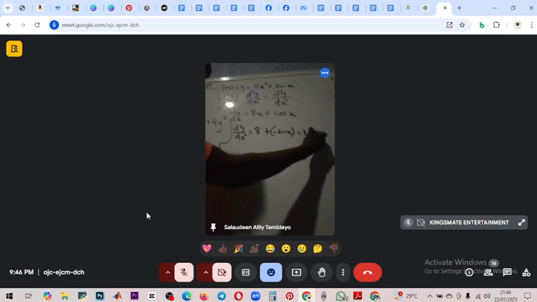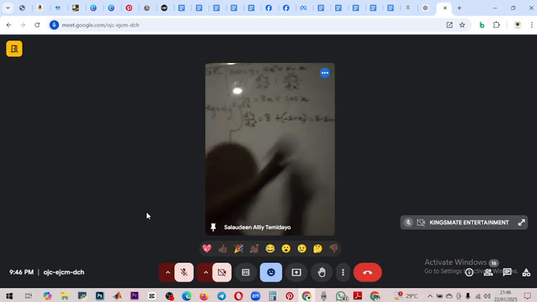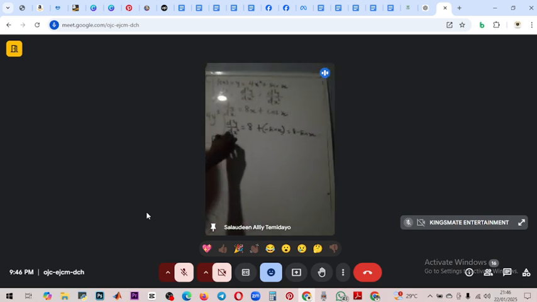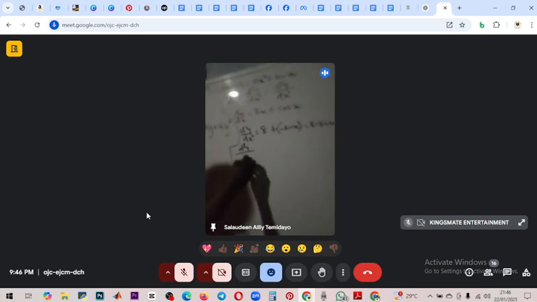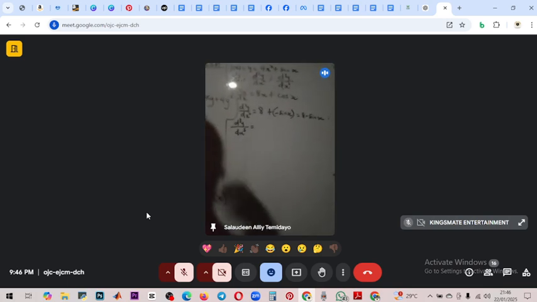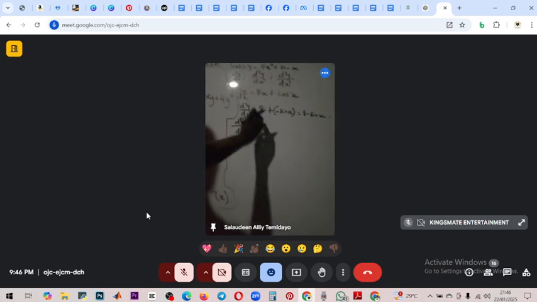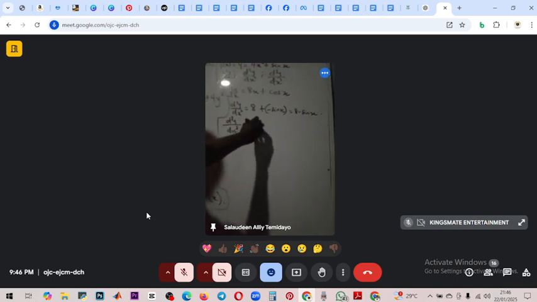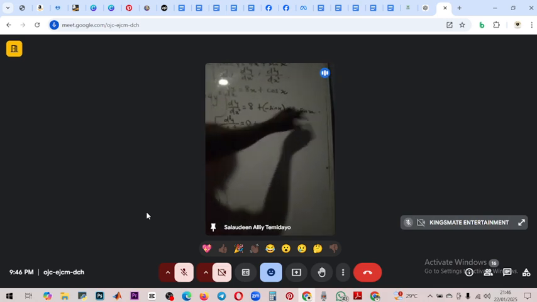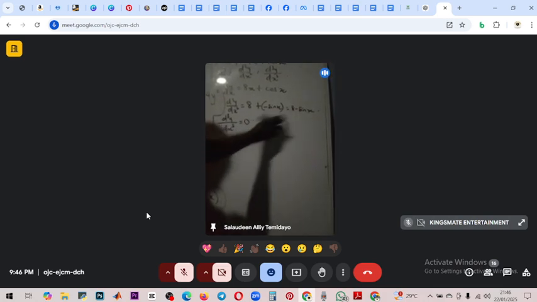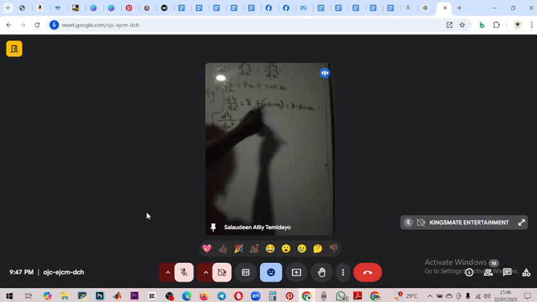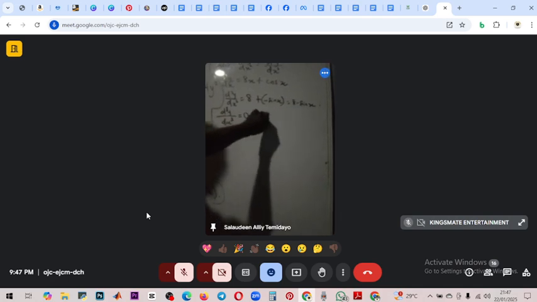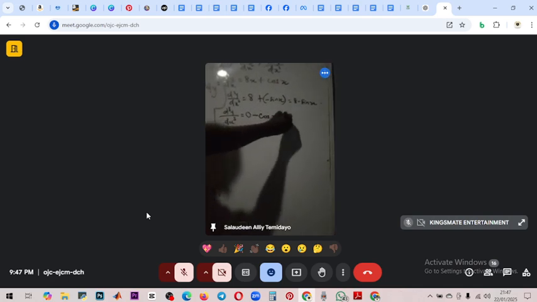So what do I have there? 8 minus sine x. Then the third derivative is going to be d cubed y by dx cubed, which is equal to, differentiate 8, that is 0, minus, now differentiate sine x, that is cosine x.